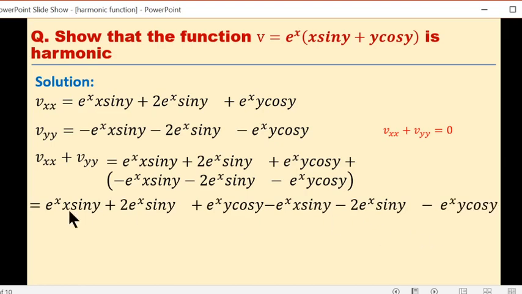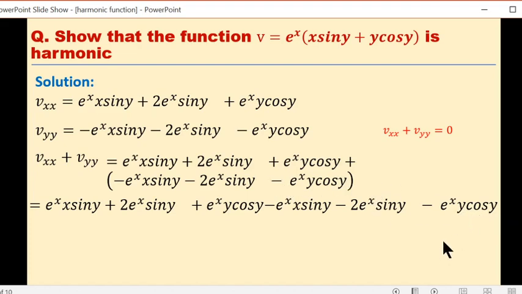We open the bracket, we get e raised to x x sin y plus 2 e raised to x sin y plus e raised to x into y cos y minus e raised to x into x sin y minus 2 e raised to x into sin y minus e raised to x into y into cos y.